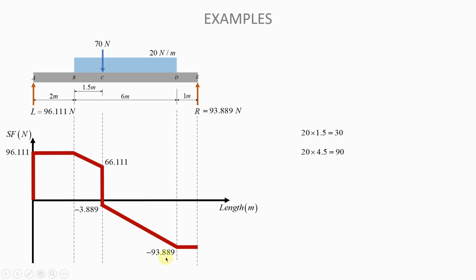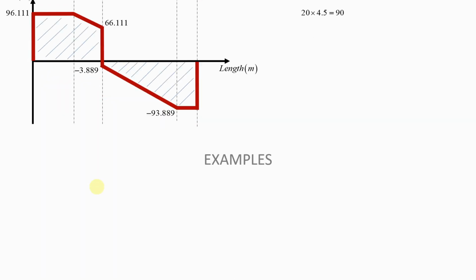So minus 93.889 plus 93.889 will lead you back to 0, which is a good sign because it means that our beam is in equilibrium. Now, last but not least, you need to shade the shear force diagram. Good. Once you've done that, you have drawn the shear force diagram for this particular case.